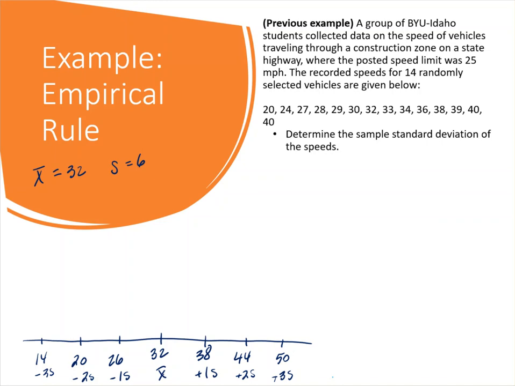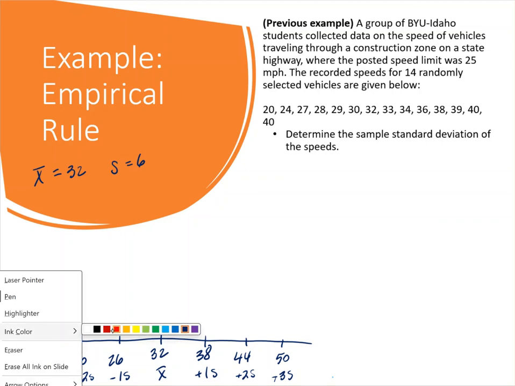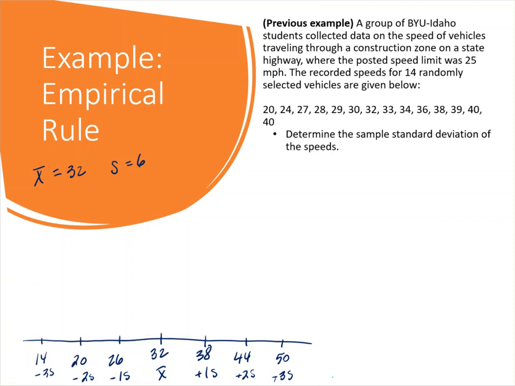You start in the middle with your mean, and if I go above the mean, I'm going to add my standard deviation to each of these numbers as I move up the number line. And if I go below the mean, I'm going to subtract my standard deviation. Let's also add to this our percentages that we can expect based on the empirical rule.